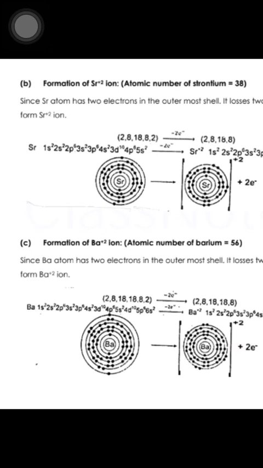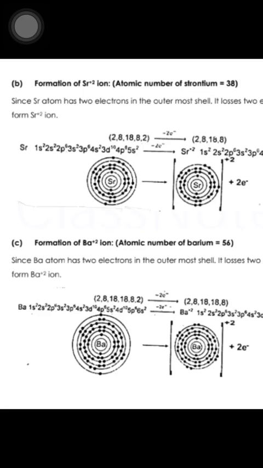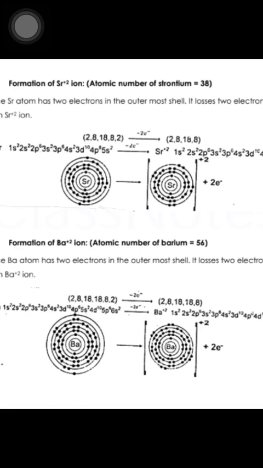If we want to form it, we know its electronic configuration comes from 1s2, 2s2, 2p6, 3s2, 3p6, 4s2, 3d10, 4p6 and then 5s2. It has 2 electrons in the outermost shell and we have to release those electrons. That means it releases 2 electrons from the valence shell to form a cation.